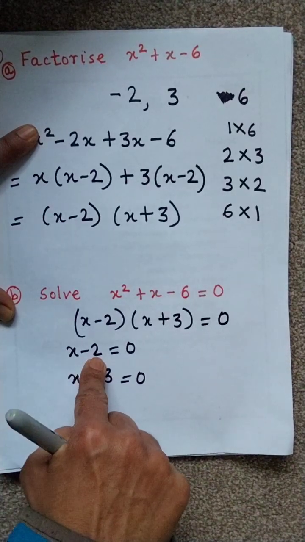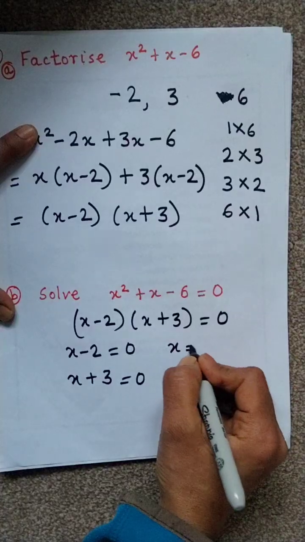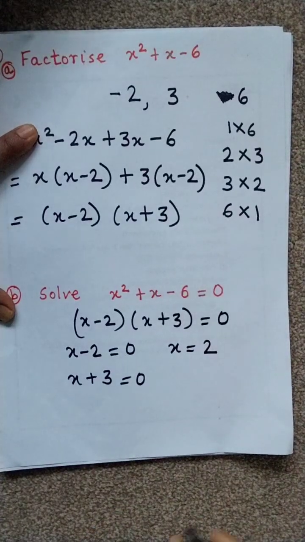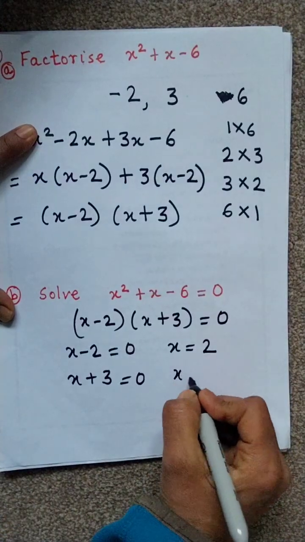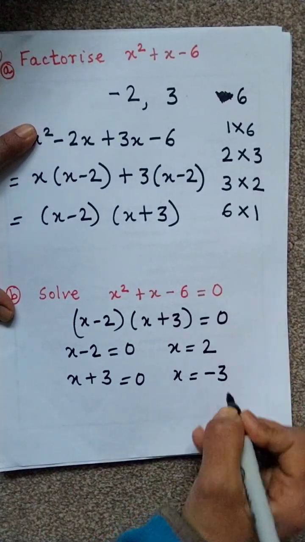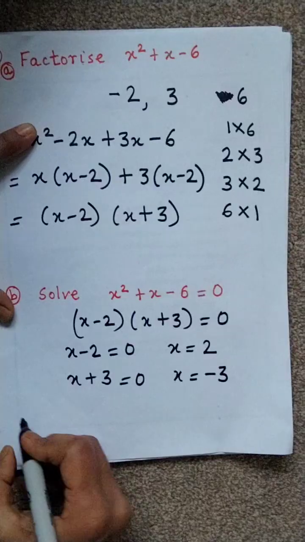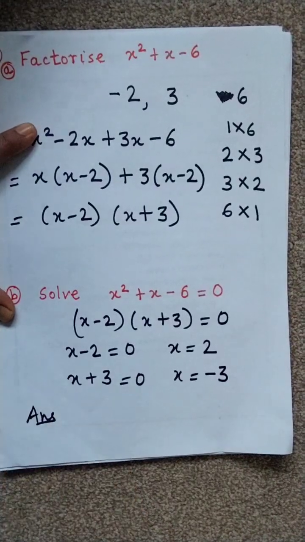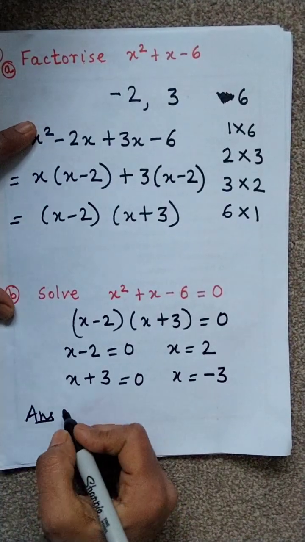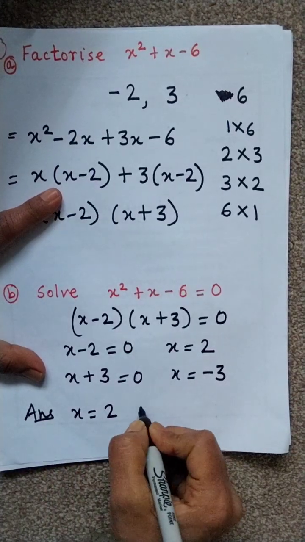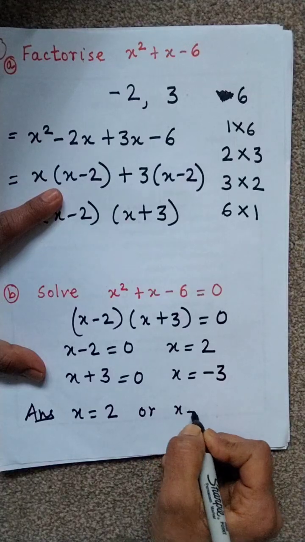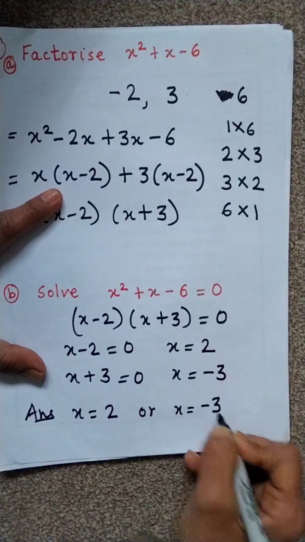If x minus 2 is equal to 0, then x equal to 2. If x plus 3 is equal to 0, then x equal to minus 3. Therefore, answer, sorry, x equal to 2 or x equal to minus 3.